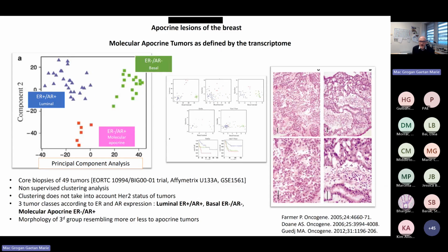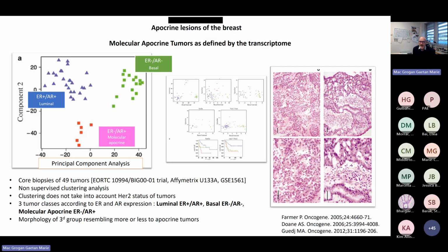So I'm going to move on now to the molecular apocrine tumors concept. The term molecular apocrine tumors was defined when we performed the study in 2005, more than 20 years ago, on a small group of nearly 50 breast cancers.